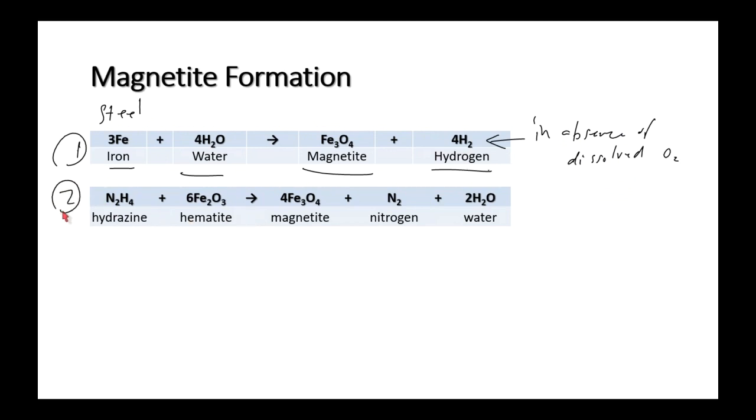Now we look at number 2 here, and hydrazine is just really an example. Hydrazine is an oxygen scavenger. And it works like this. I take hydrazine, and I've got some dissolved oxygen, and it gives me 2H2O plus nitrogen gas.